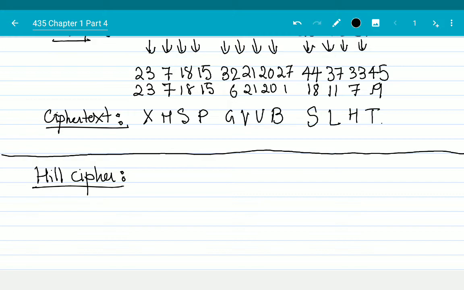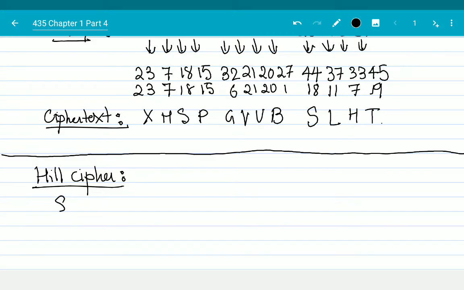Okay. So the Hill cipher was invented in the 1920s by Lester Hill and published in Cryptography in Algebraic Alphabets. And this brought around a revolution where algebra became involved in cryptography. Okay, so here's how we do it.